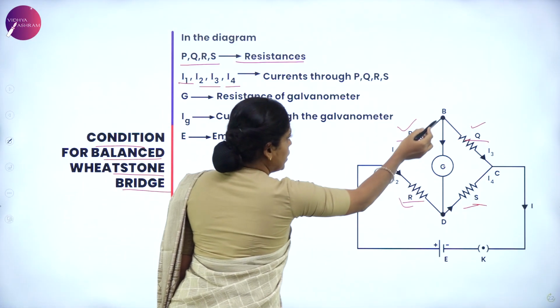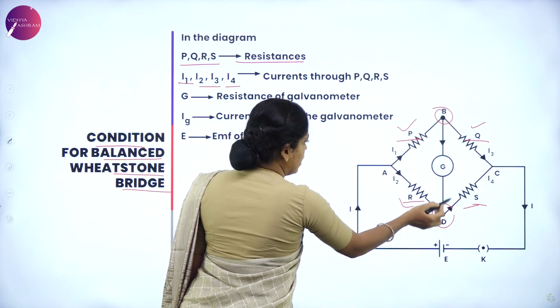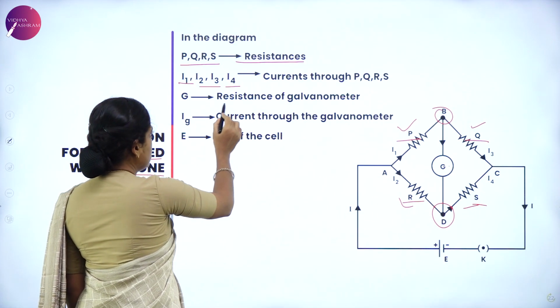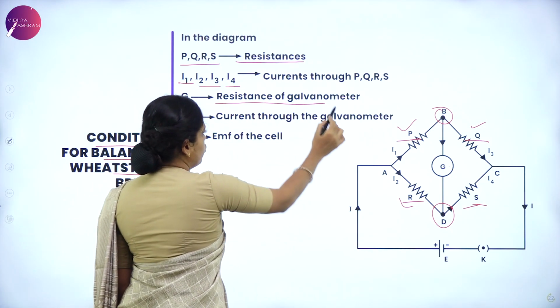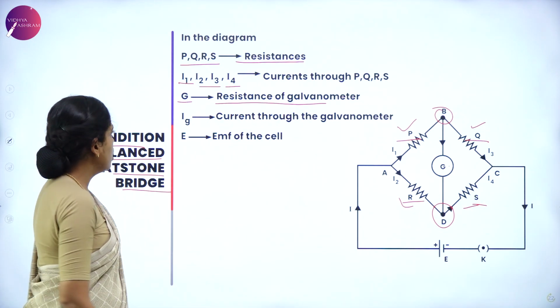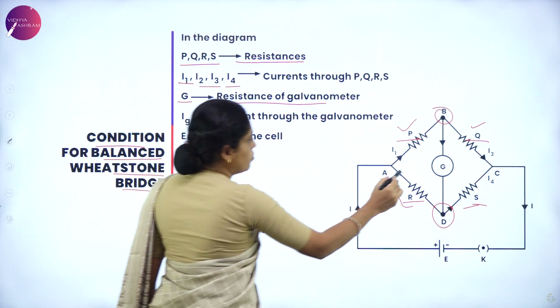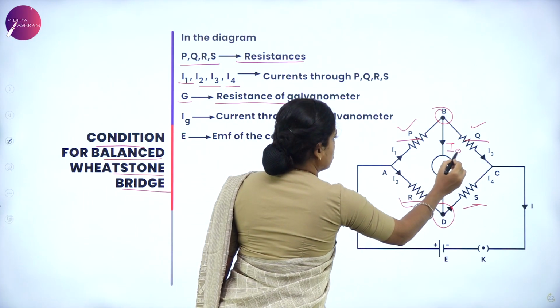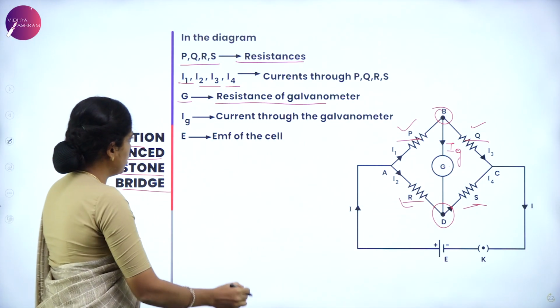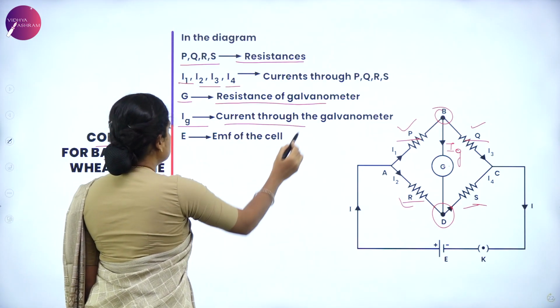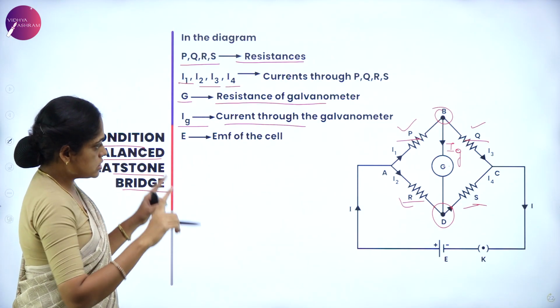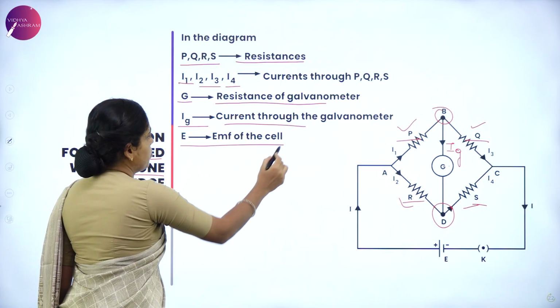And here between the points B and D, we have a galvanometer. The resistance of this galvanometer is G. Current through that galvanometer is IG. And this is connected to a cell of EMF E.